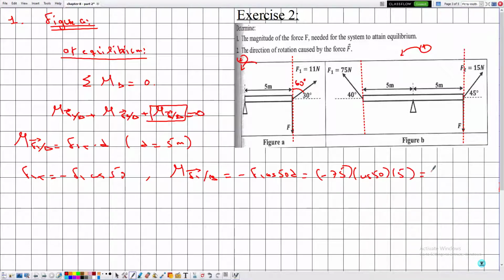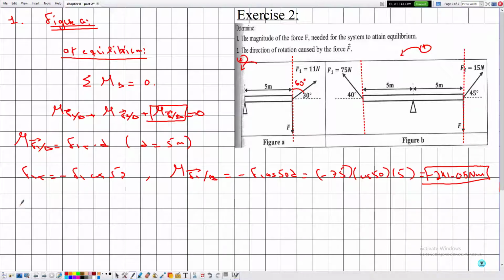Plugging this on the calculator is equal to minus 241.05 newton meters. So this is the first moment or torque produced around the axis of rotation due to the force F1 on the beam.